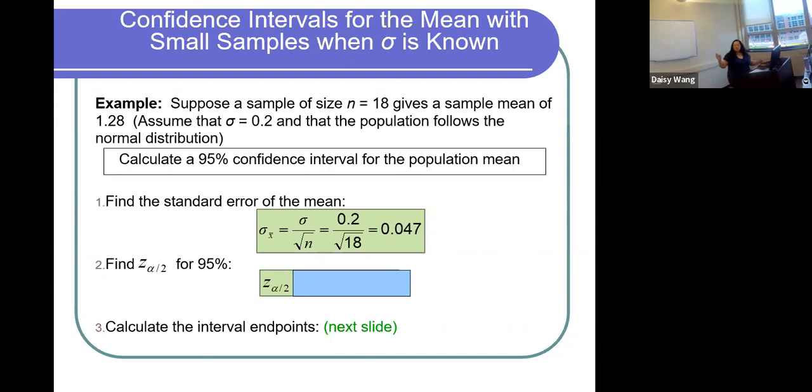So we have to assume the population follows the normal distribution, then we can use this. So the standard error of the mean is 0.2 divided by square root of 18. So sigma x bar is 0.047.